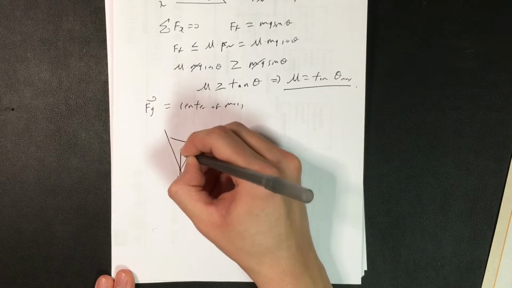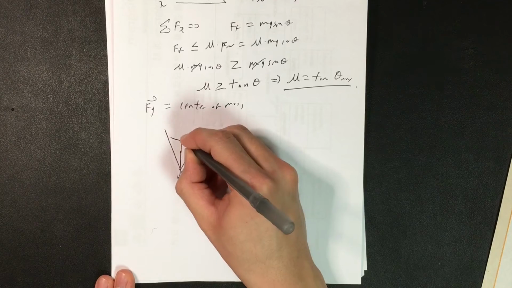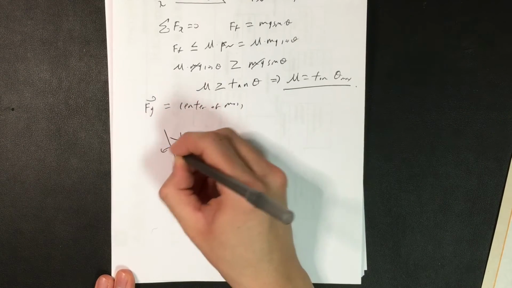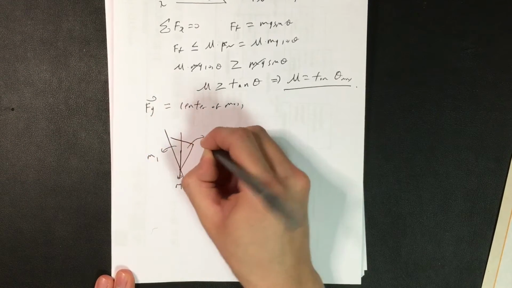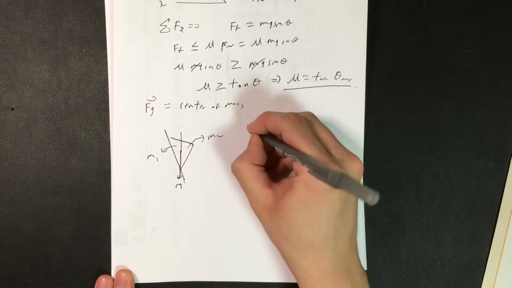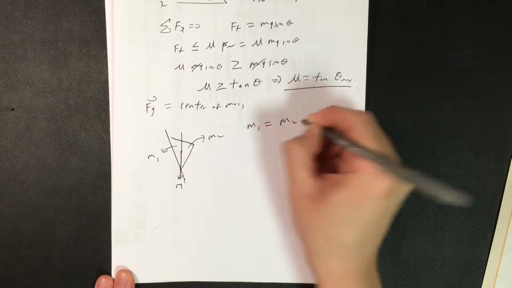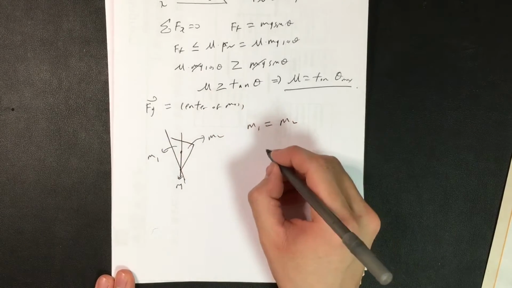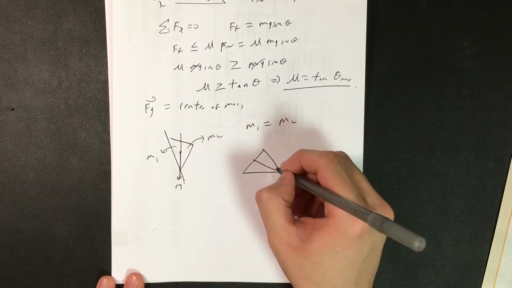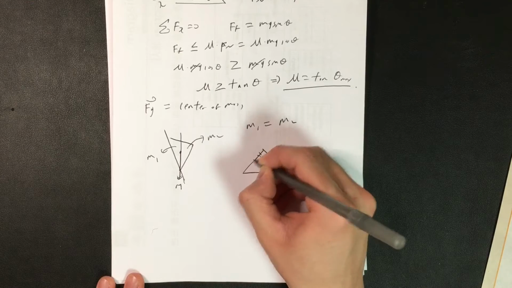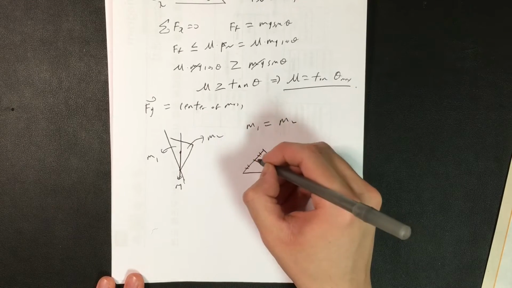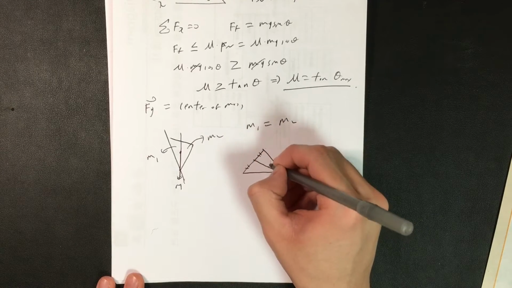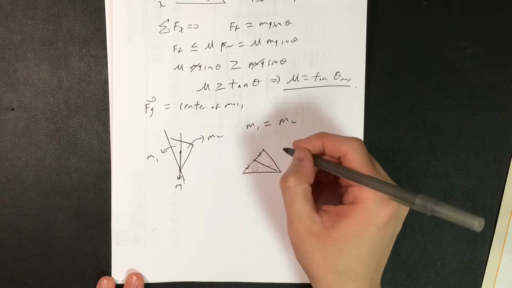But because this point is at the center of mass, if I extend this force vector and call this half m1 and call this half m2, then the mass of m1 must equal the mass of m2. Assuming uniform density, this length must equal this length because the area of this triangle must equal the area of that triangle.